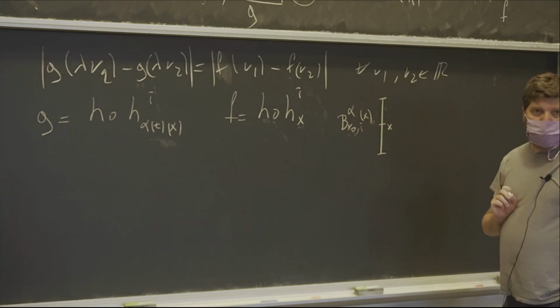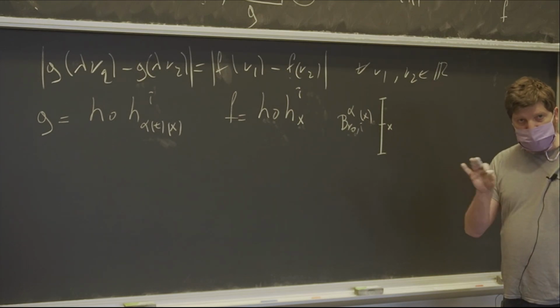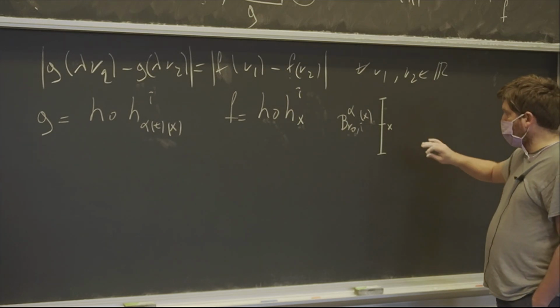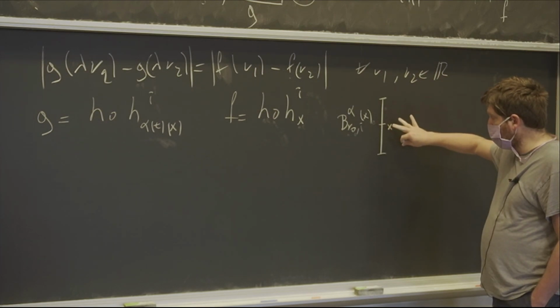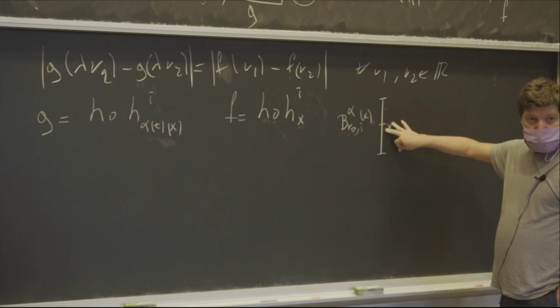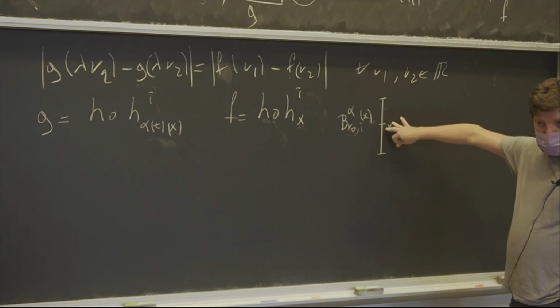It's a compact set. And actually, when I say uniformly continuous, I will be more explicit in a second. I will want it to be uniformly continuous where the uniformity is in x. And that will be important, but I will discuss it later.